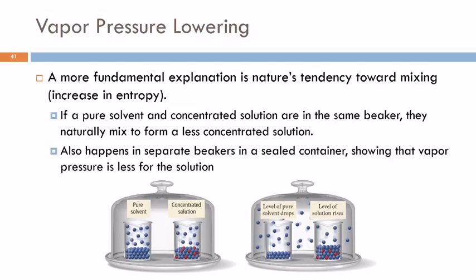Entropy, the spreading of energy. So this is similar to osmosis. We do not have particles going through a semi-permeable membrane, but we have a higher rate of evaporation in the pure solvent beaker and a lower rate of evaporation in the salty beaker.